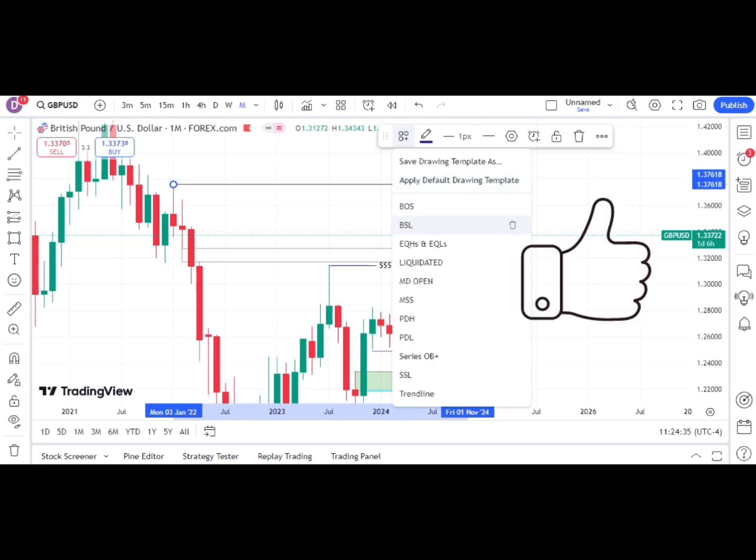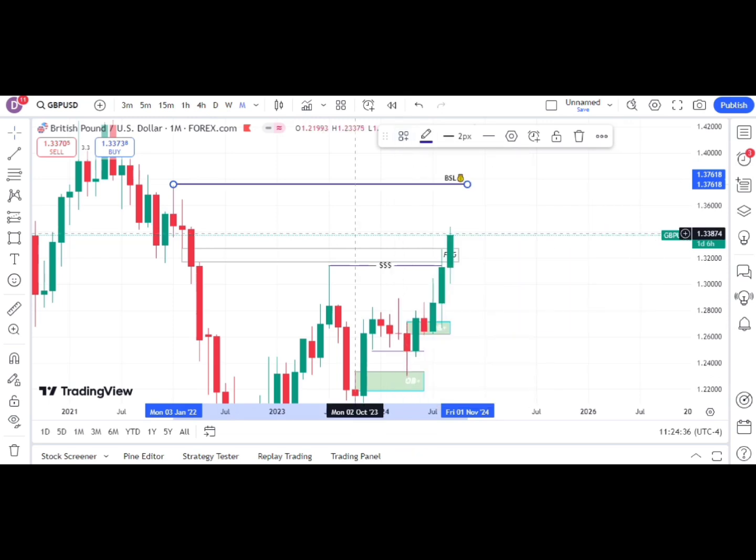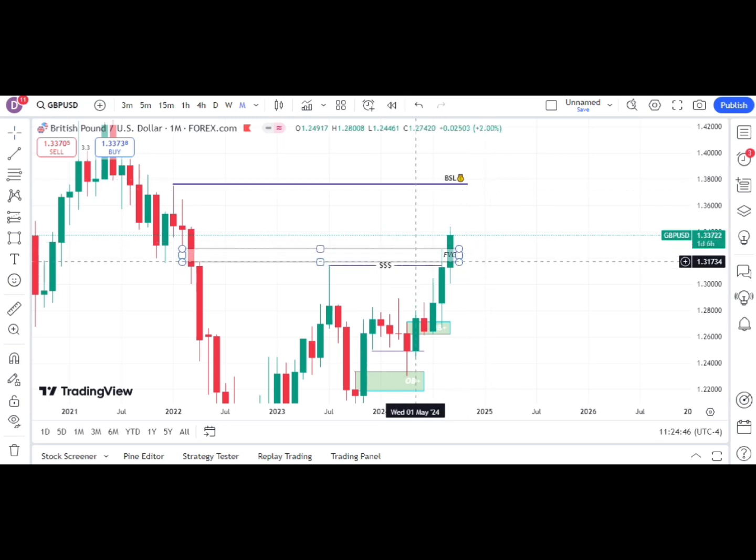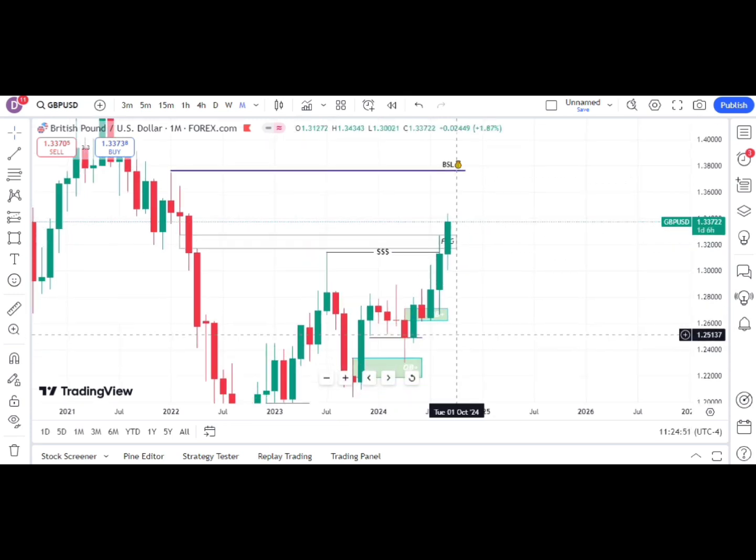That's where I believe we are still going to drive towards, this January 2022's month high right here, because we are no longer respecting the bearish order flow.